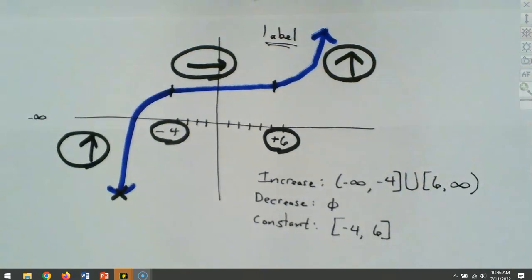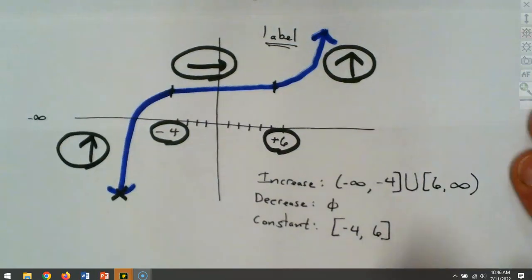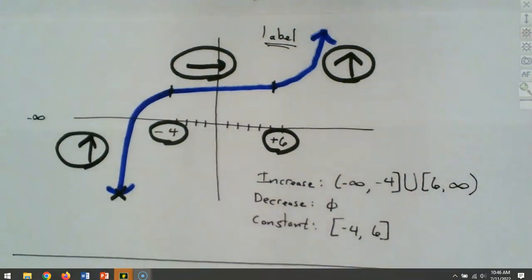Now we're labeling on the x-axis, not the y-axis. That's where students make a mistake with these, is they think about it in the wrong axis.